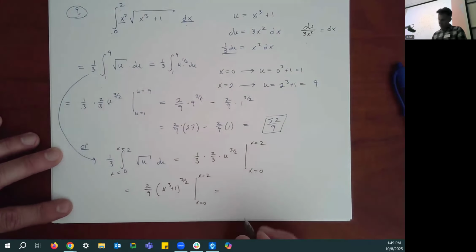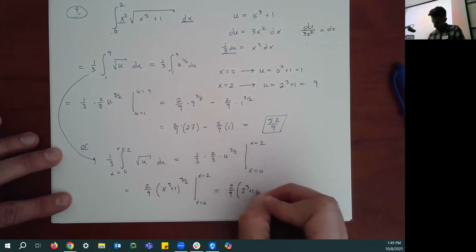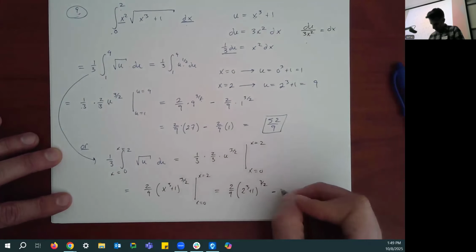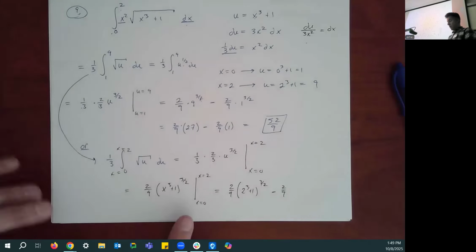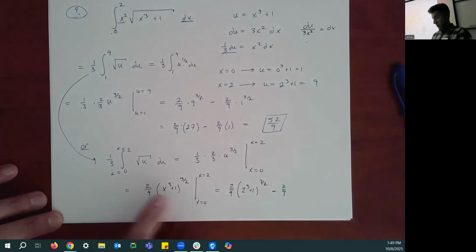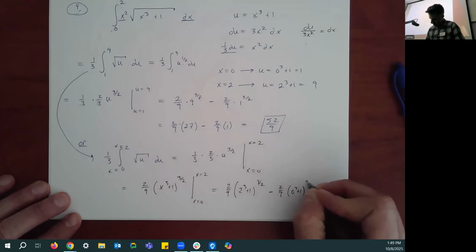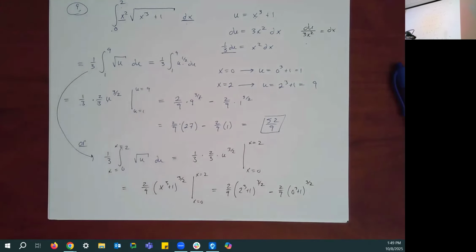And now we can plug those in and we get 2/9 times 2 cubed plus 1 to the 3 halves power minus 2/9 times... Here's a good example of plugging in 0 doesn't give you 0. If you plug in 0 here, you get 0 cubed plus 1 to the 3 halves power. So since I saw the opportunity, I want to remind you all, you don't always get 0 when you plug in 0, right? You actually have to look at what you were plugging it into to make sure.